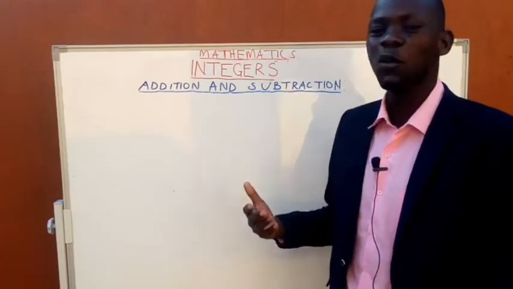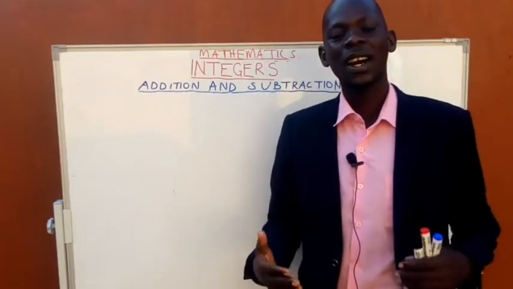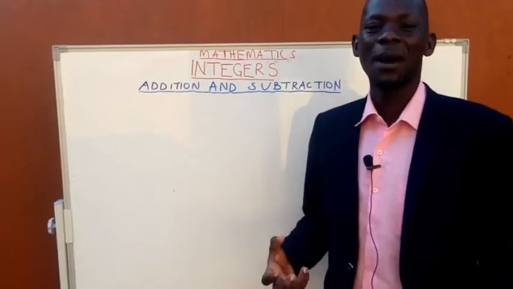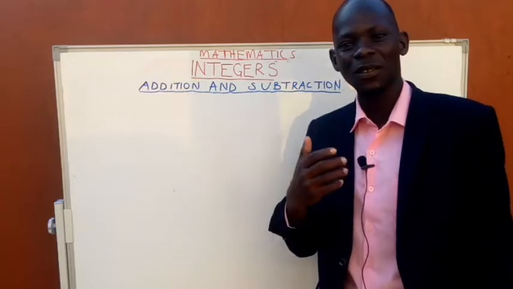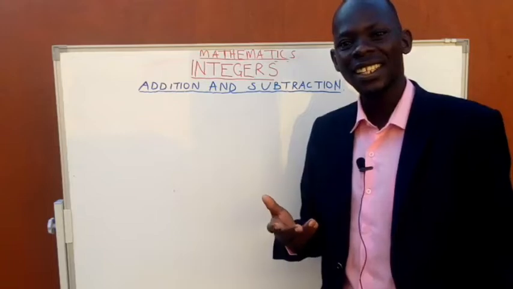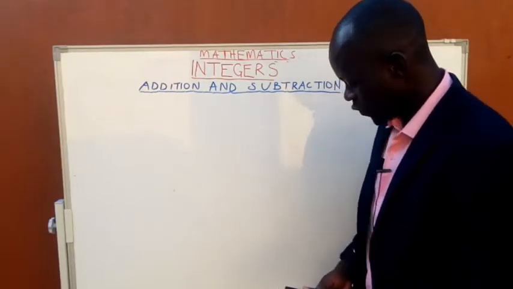After looking at this, we shall also look at how to add those complicated numbers using a number line. Hope you do not miss all these lessons so that you can develop your own skills and talent.